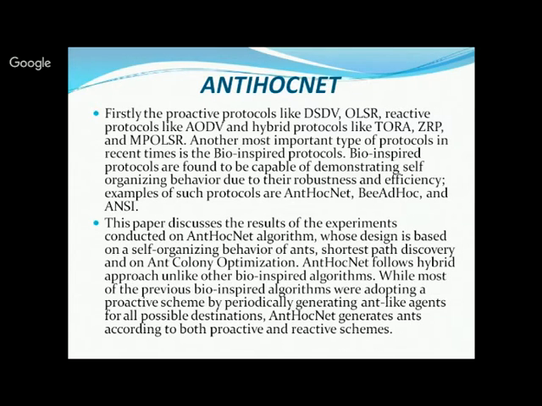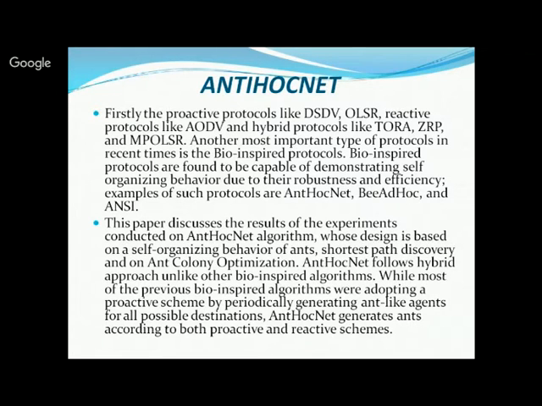and the reactive schemes. So this is also another topic in networking or communication where you can work, because with ad hoc and ANTHOCNET, you can also create your own network. There are so many bio-inspired optimization algorithms. If two algorithms have been created, now you can think of a third one.